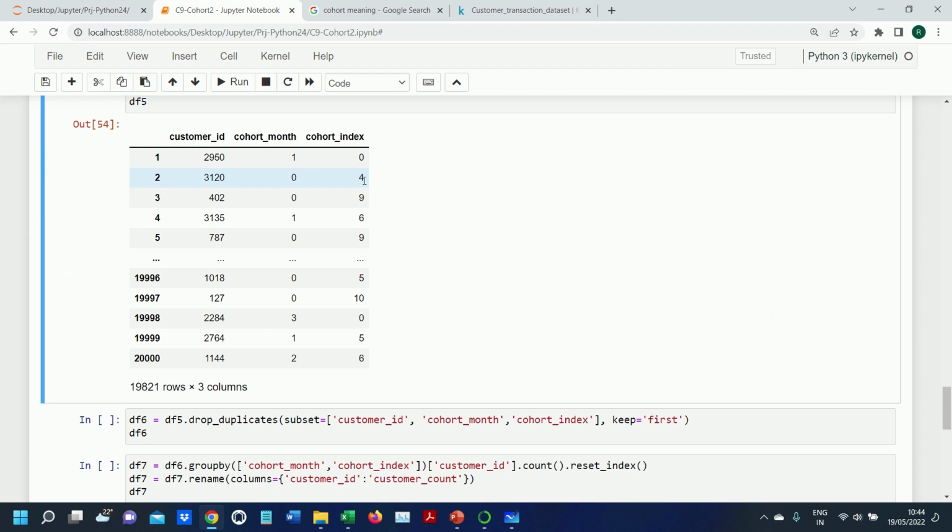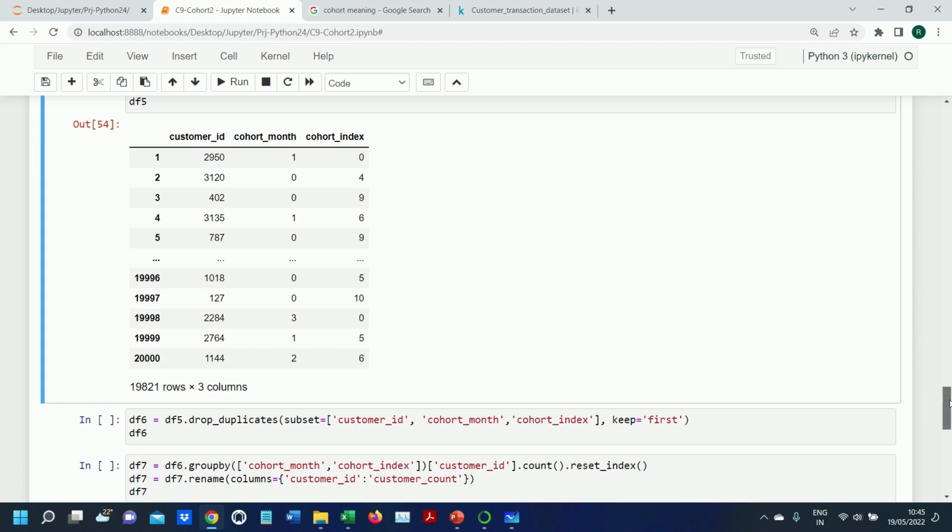If the person has done at least one transaction in the next month, then we say there is a revisit, and the customer is still with the business. If the person has not done any transaction in a given month, the customer might have left the business, meaning churning has happened.